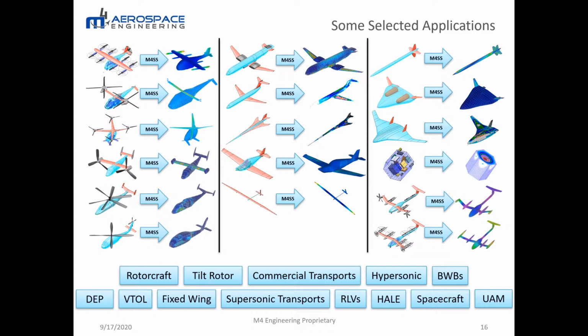In the center there, you can see. And then on the right side, you can also see some missile rocket concepts as well as some blended wing RLV applications and even satellites, along with the Uber configurations as well. So lots of different applications we've looked at with this tool set.